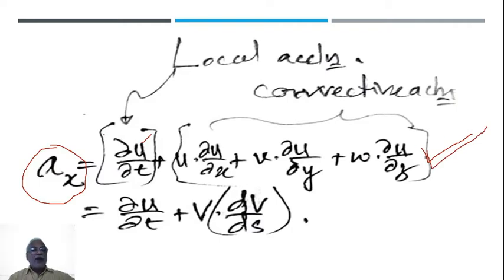Now, this part of the acceleration, represented by dou u by dou t, is known as local acceleration. And that which is represented by all these three terms, which is the spatial variation, is called convective acceleration.